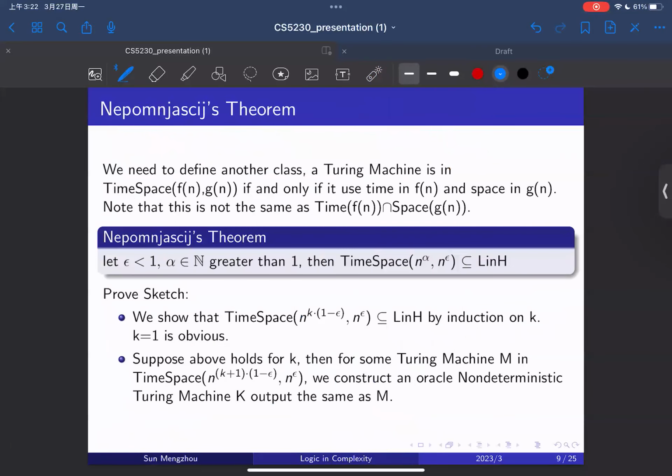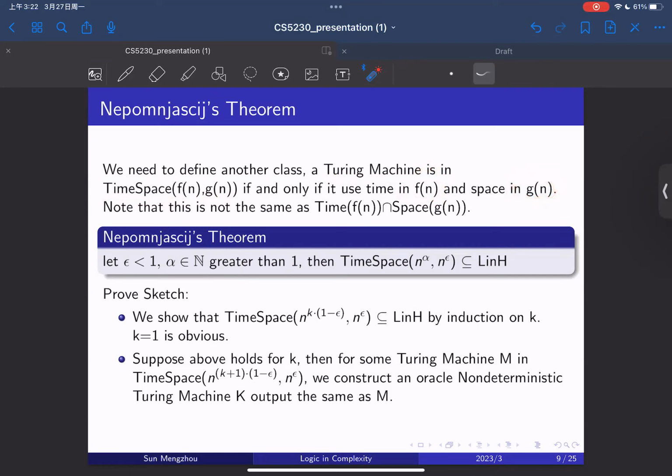Okay, next we need another class and a theorem called the Nepomnyashchy theorem. I don't know how to pronounce it. Okay, we say that the Turing machine M is in TimeSpace(f, g) if and only if M uses time in f(n) and space in g(n).